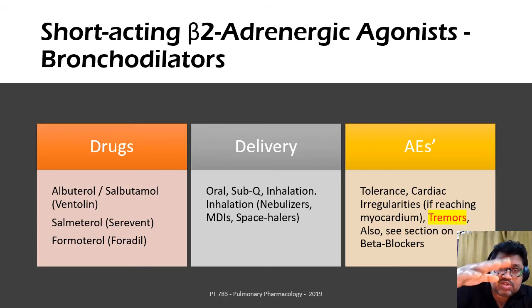The tremors are very visible in the hands but can be in other body parts. These tremors will not go away because the patient will continue to need these drugs, and these tremors are secondary side effects of that. You can refer to the beta blocker section for additional details, especially in cardiac pharmacology separately.